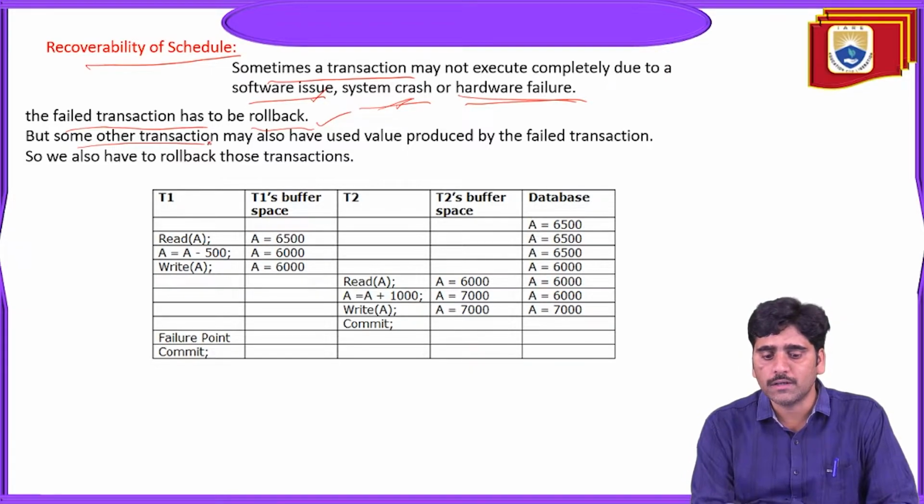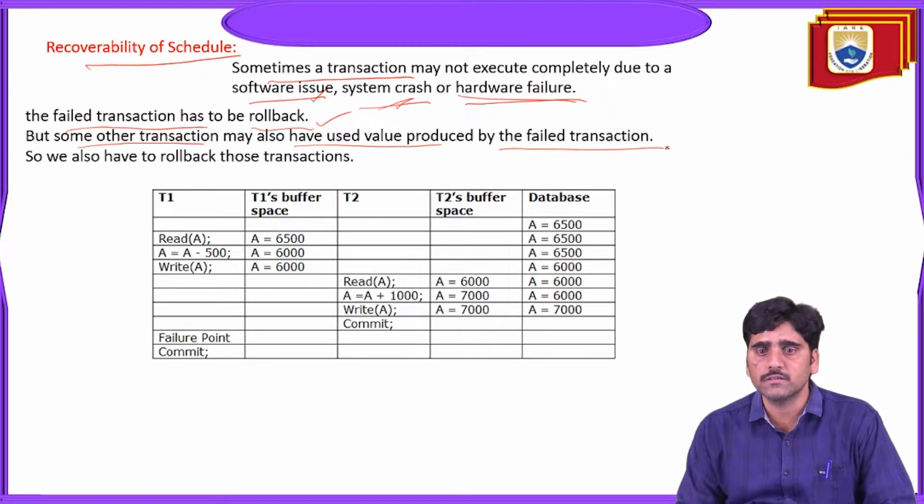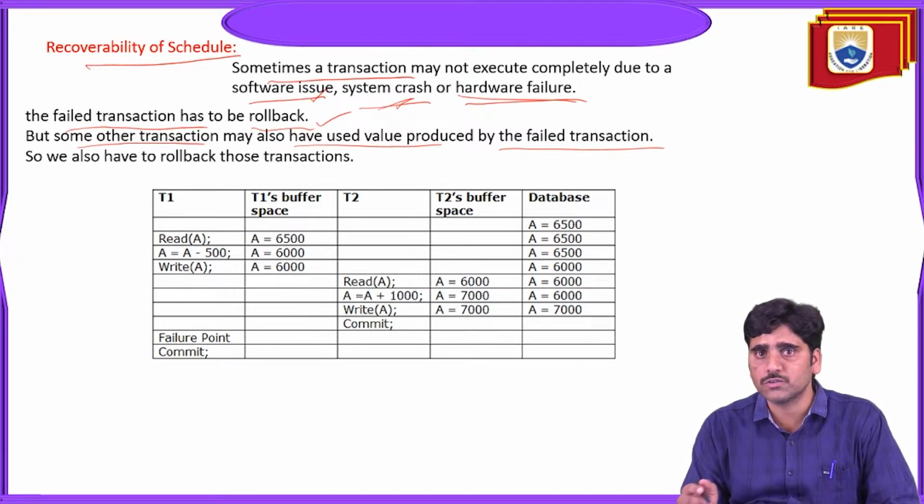But some other transactions may also have used values produced by the failed transaction. That means some transactions are dependent on another transaction. At that time, we have to recover that transaction based on the failed transaction, so indirectly we are recovering those two transactions.